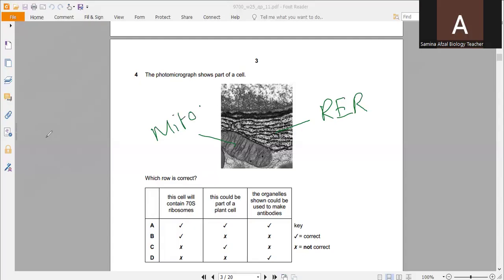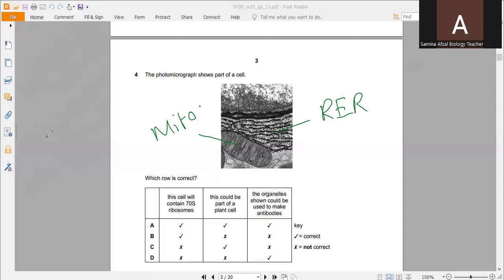Now we will go with the options. First of all, the first option is that this cell will contain 70S ribosomes. Eukaryotic cells have 80S ribosomes in the cytoplasm.